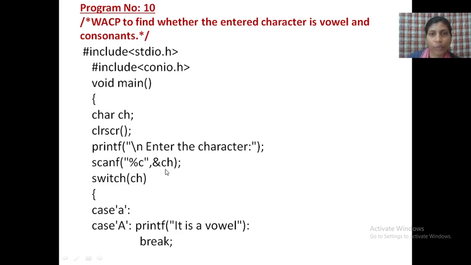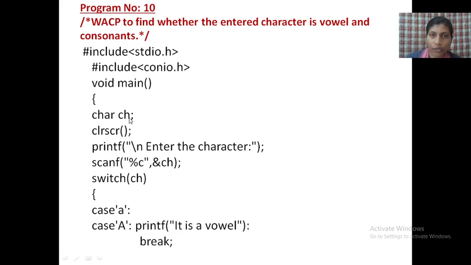When the computer is processing, it takes that character and executes the further process. Switch (ch): in this program we are using the switch condition. In the switch, in round brackets, write the variable. Here ch is the variable and char is the data type.